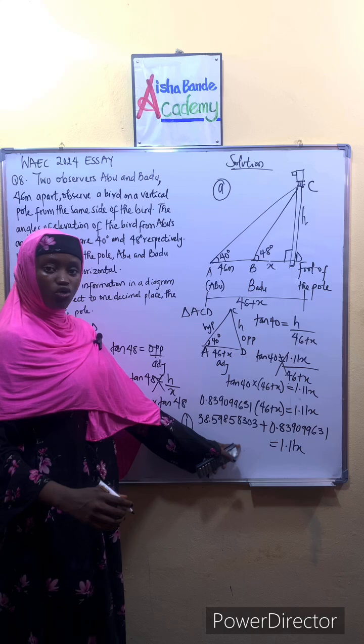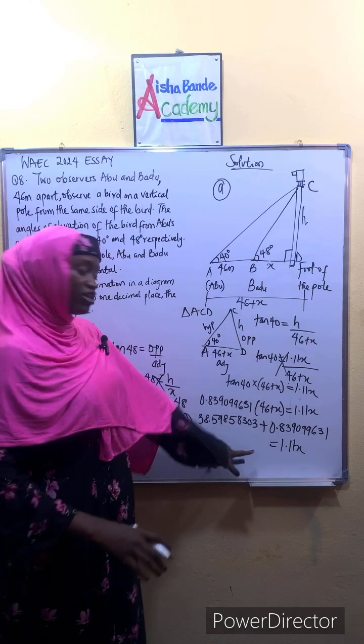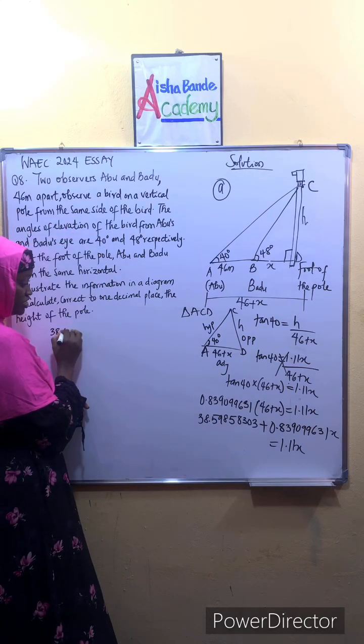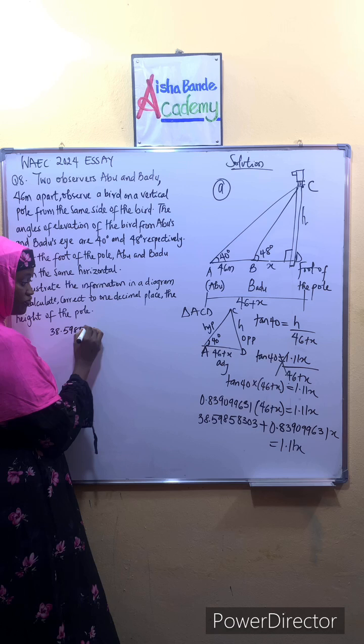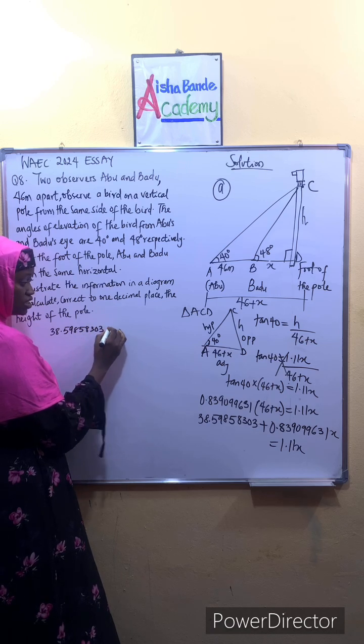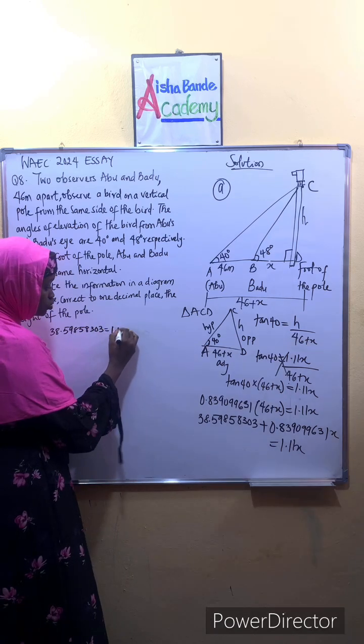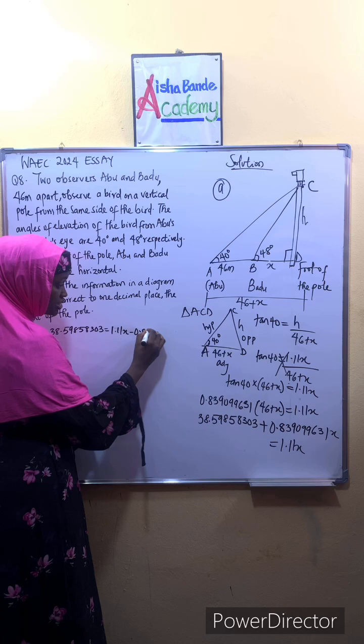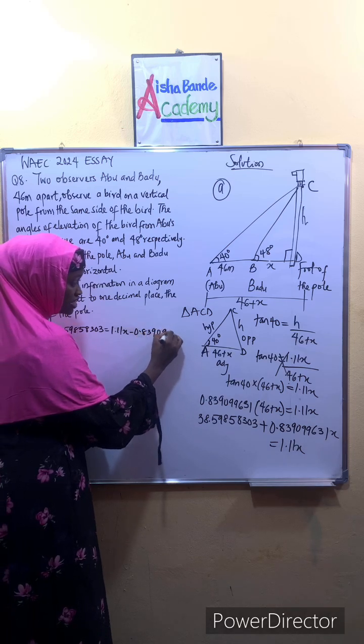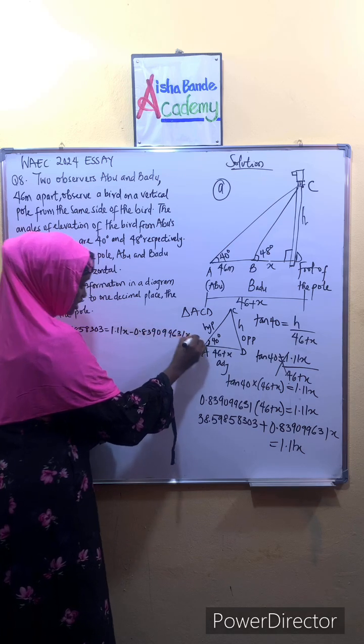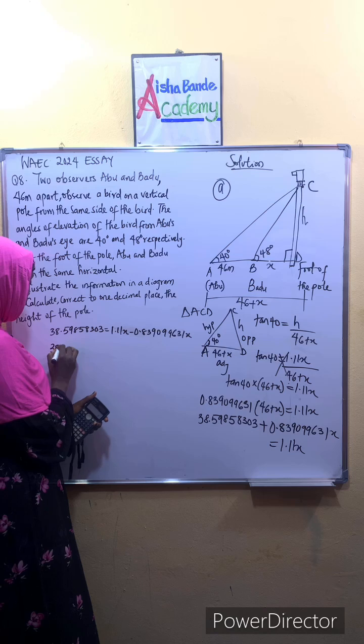From this point, all we need to do is collect like terms and get the value for x. 38.59858303 is equal to 1.11x minus 0.8390999631x.